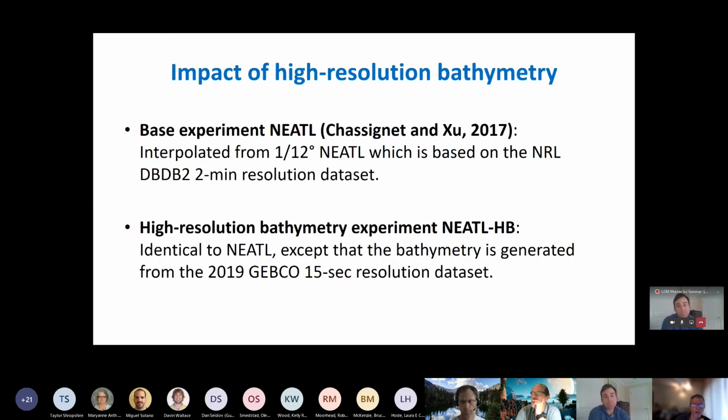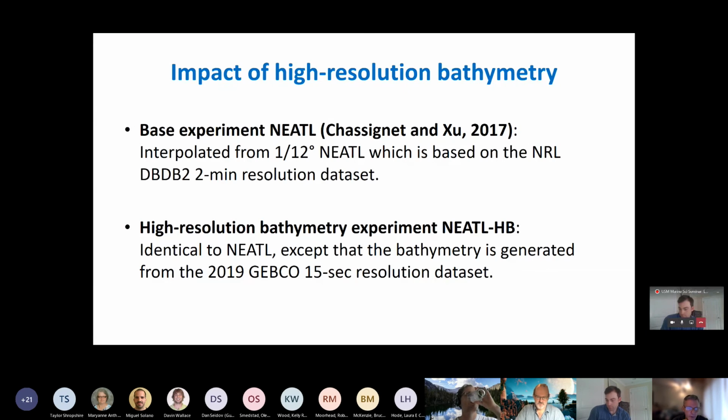The first one that we did was to relax the bathymetry assumption. When we integrated 1/50th degree, because we didn't want to change much except the horizontal resolution, we kept the same bathymetry in the 1/12th degree and the 1/50th degree.